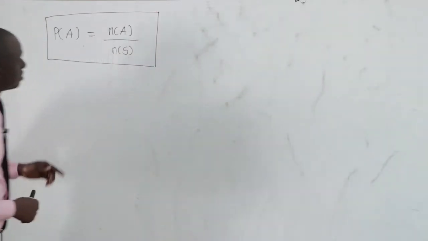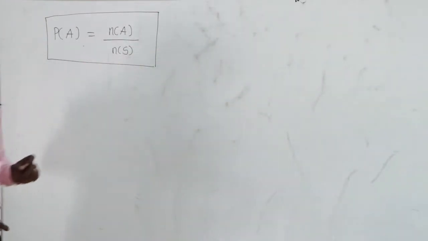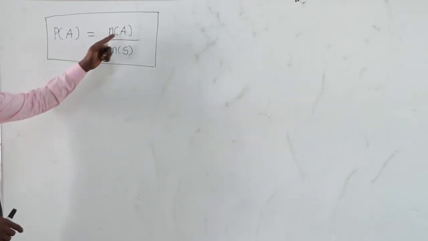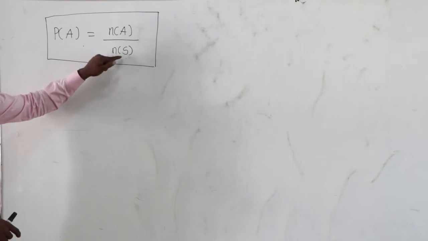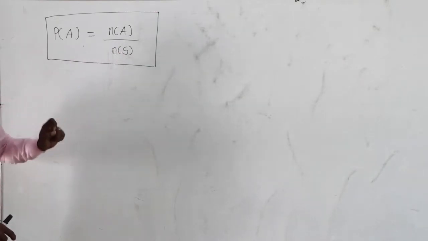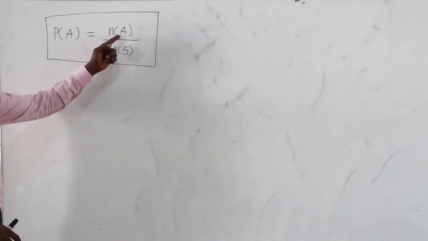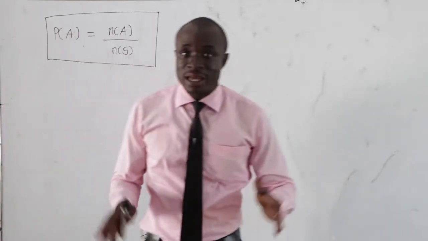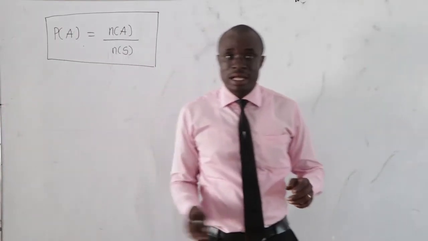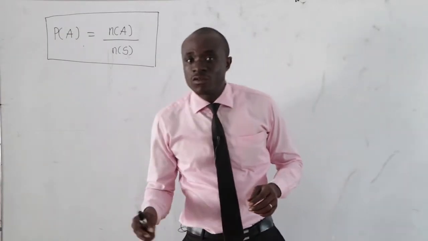So here we can see that clearly this is a subset of this. You know that in the possibility space, the set A is also included. And this is the theoretical definition of probability.